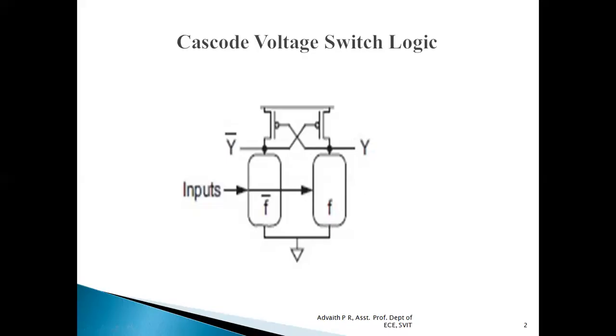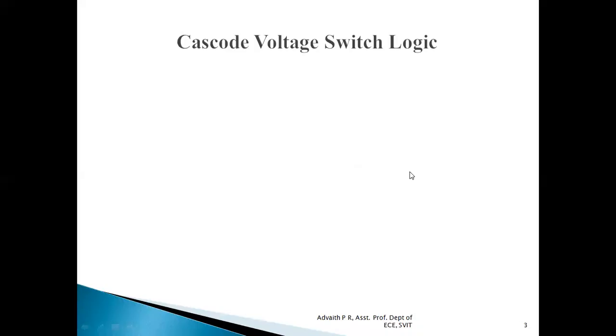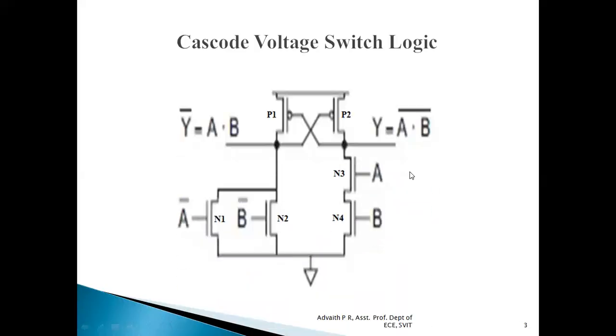So let us consider an example where both a NAND gate as well as an AND gate are implemented using cascode voltage switch logic. In this example, if we observe, we are using two pull-up transistors, P1 and P2, and two pull-down networks.